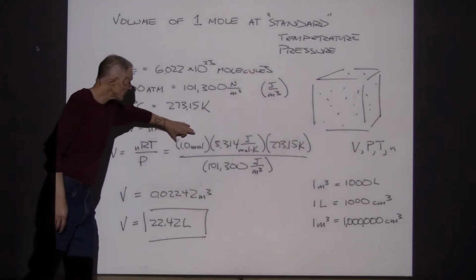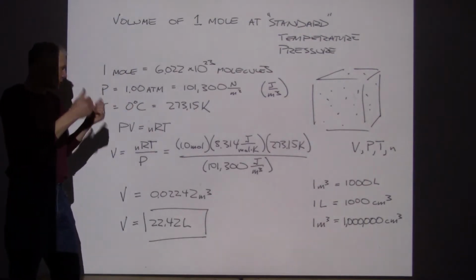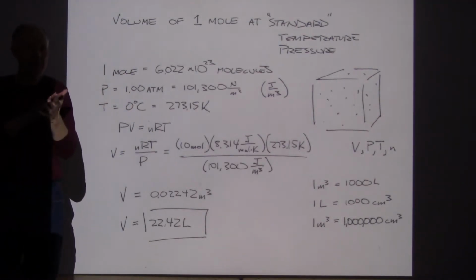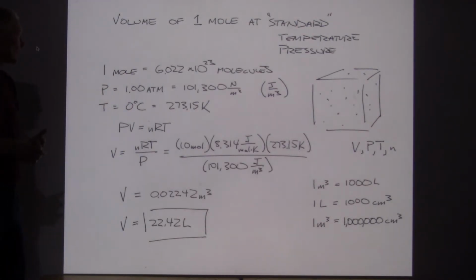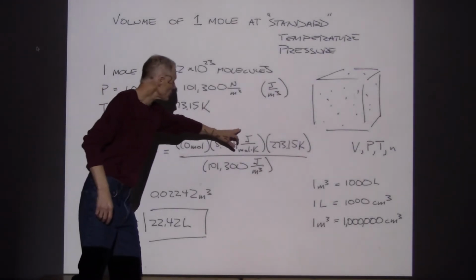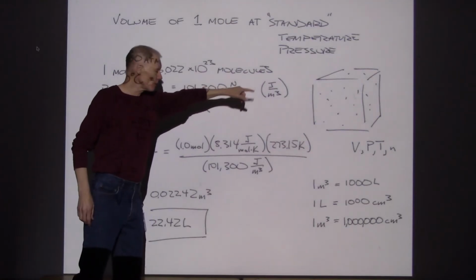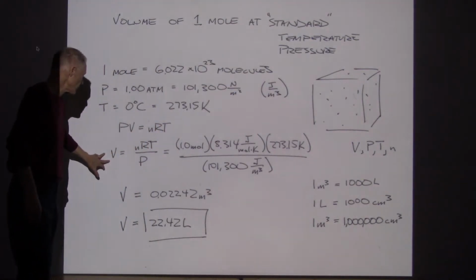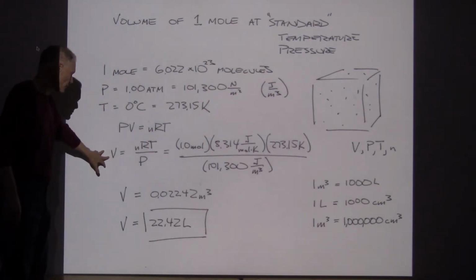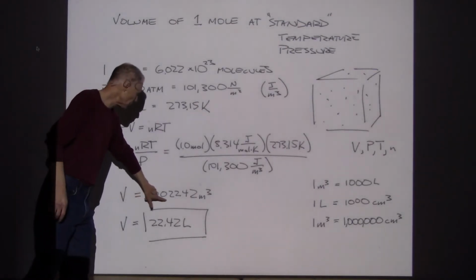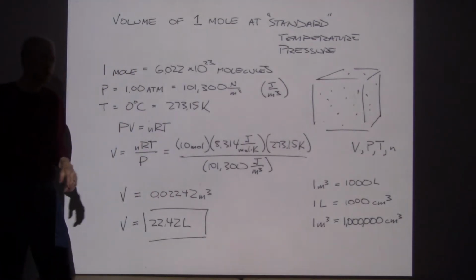I plugged all the numbers in. The units begin to cancel out. The moles cancel out, the kelvins cancel out, and the joules cancel out. Remember, the pressure can be written as joules per cubic meter. And so the units that are left are volume units, and the volume that I got was 0.02242 cubic meters.